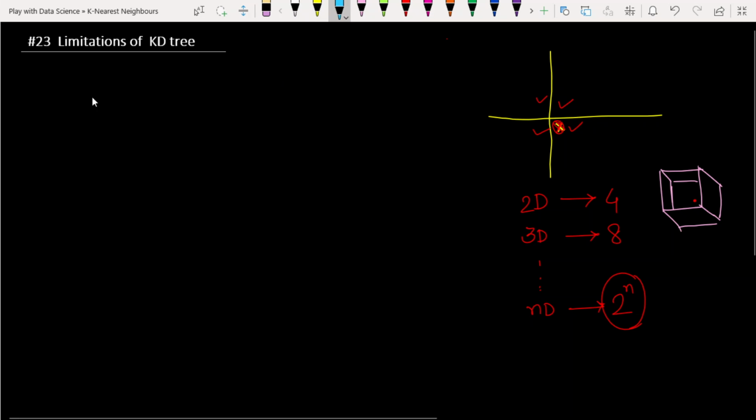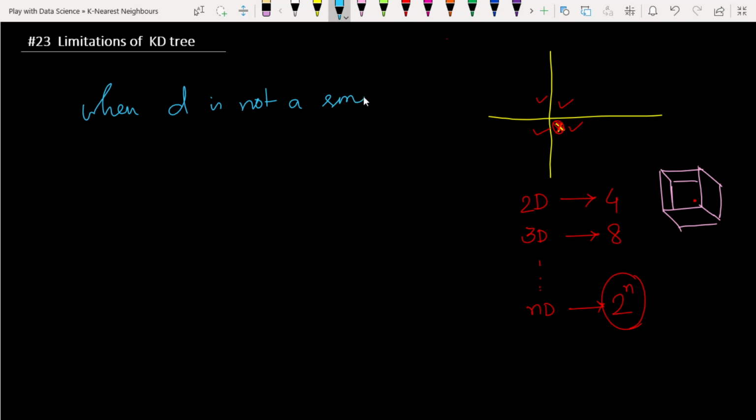When D is not a small number, suppose let's take a medium number, our dimension is 10. Then we have to compare 2 to the power D planes. 2 to the power 10 means 1024.